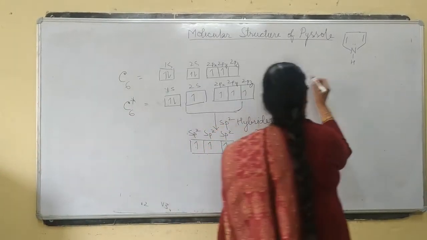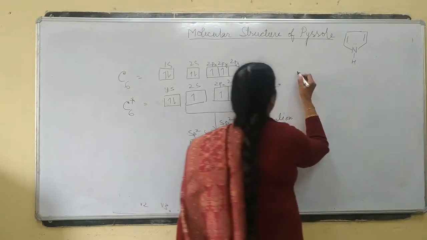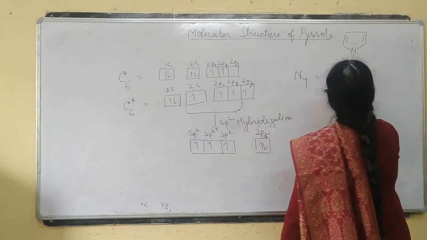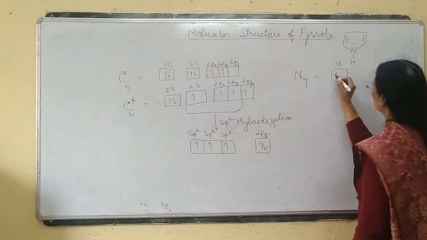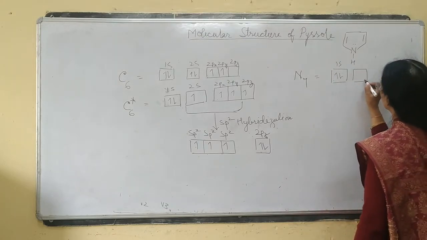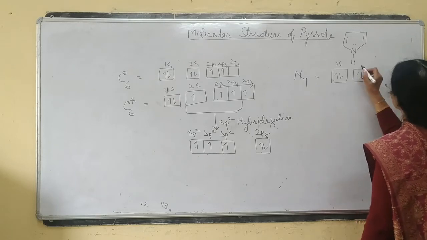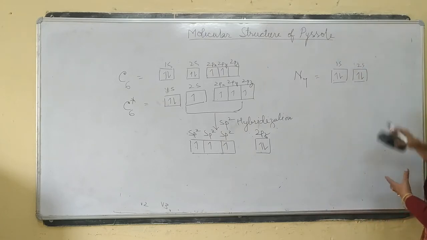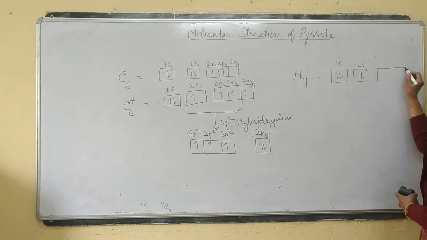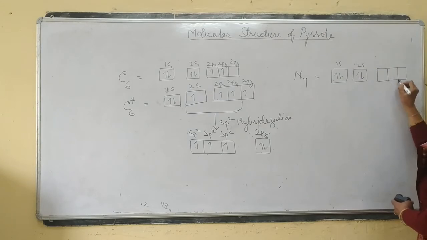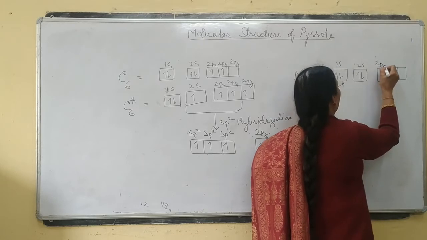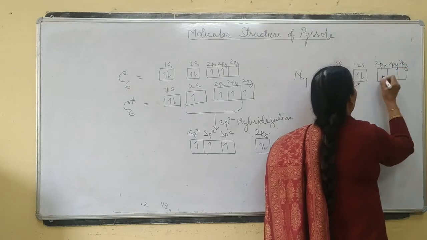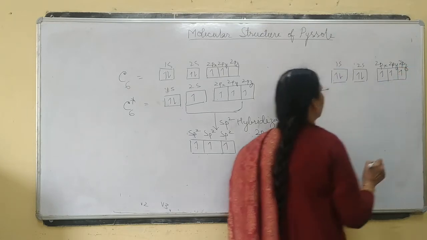Similarly, nitrogen, as it has 7 electrons, we can write 1s2, 2s2, 2px, 2py and 2pz having 1 electron each.